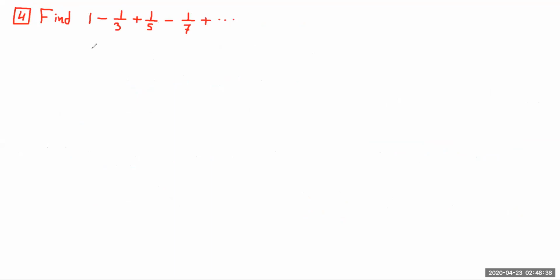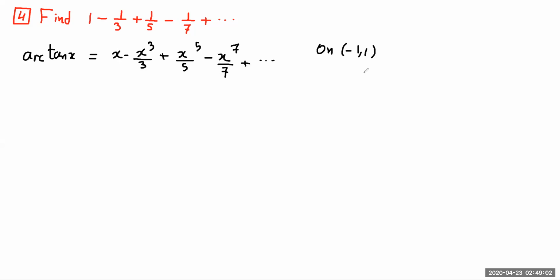Find this sum. To solve this, let's remember the formula of arctangent x. It was x minus x^3 over 3 plus x^5 over 5 minus x^7 over 7 plus x^9 over 9, etc. And this is correct on the interval (-1, 1). And here, to find this term, I need to find this series at 1.